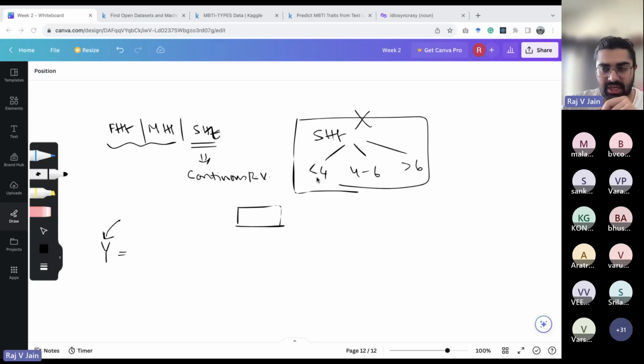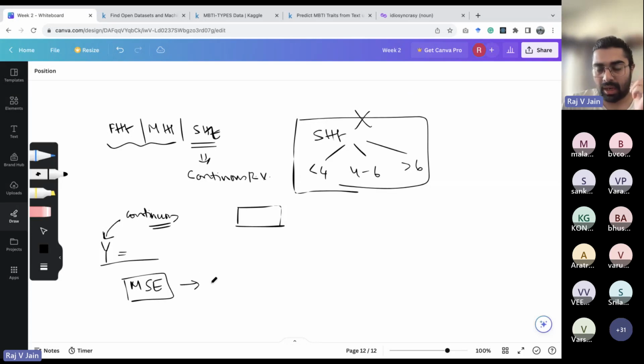Continuous. Continuous, right? And for this continuous y, what measure did we use? MSE, right? So MSE can be used with the same thought process, as a proxy for the impurity of the node. Impurity of the node. This is the thought process.